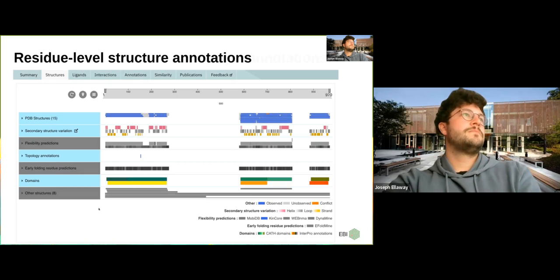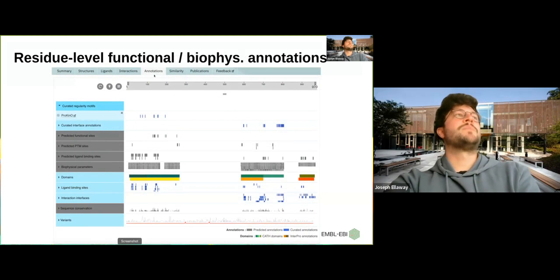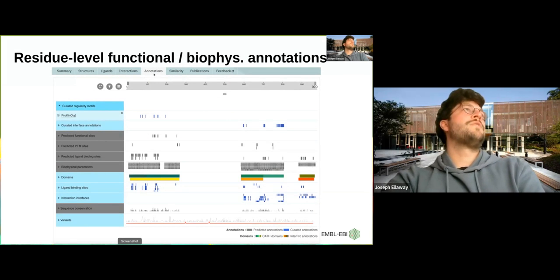If you click on the Annotations tab, this is going to give you more information on the functional and biophysical annotations in a residue-based, sequence-based view. Again, we index these from residues 1 to 970 along the gray bar along the top.